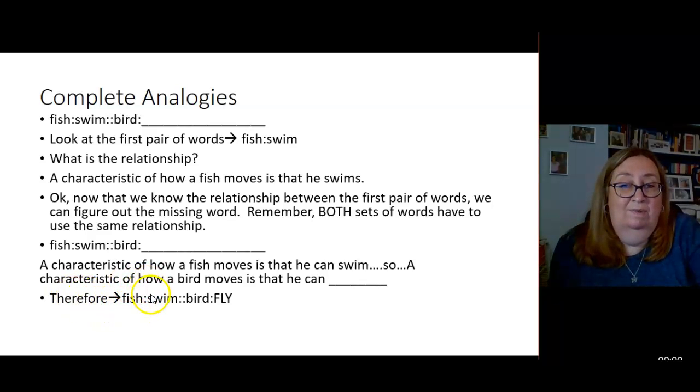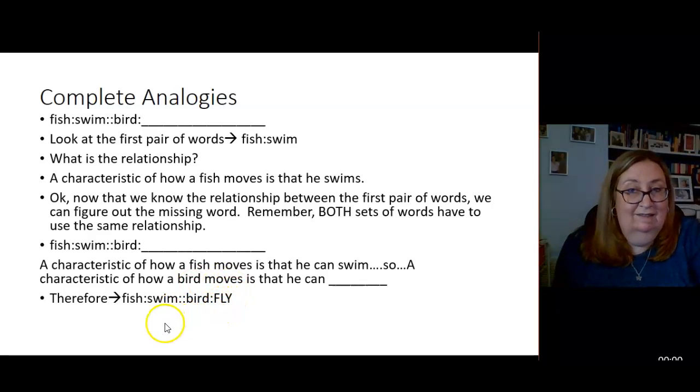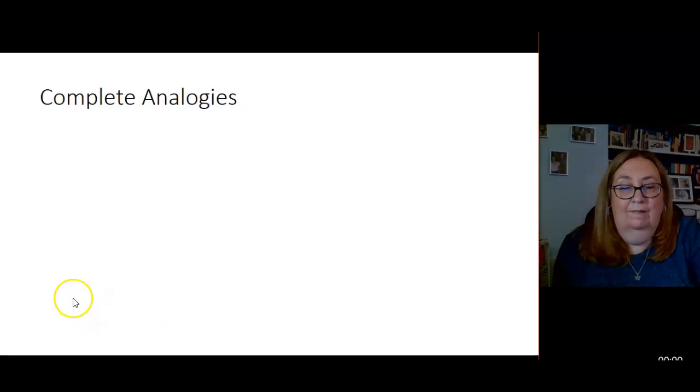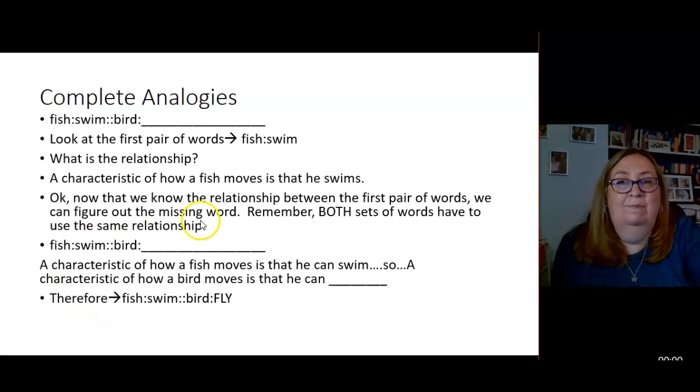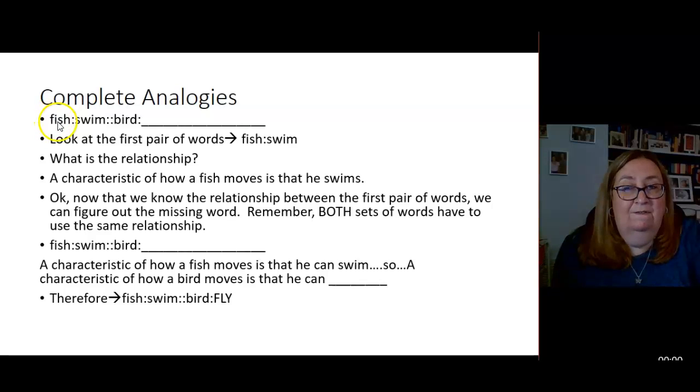A characteristic of how a bird moves is that he flies. So I would read that this way. Fish is to swim as, just like, bird is to fly. The as here means just like. It's letting you know I'm using the same relationship.